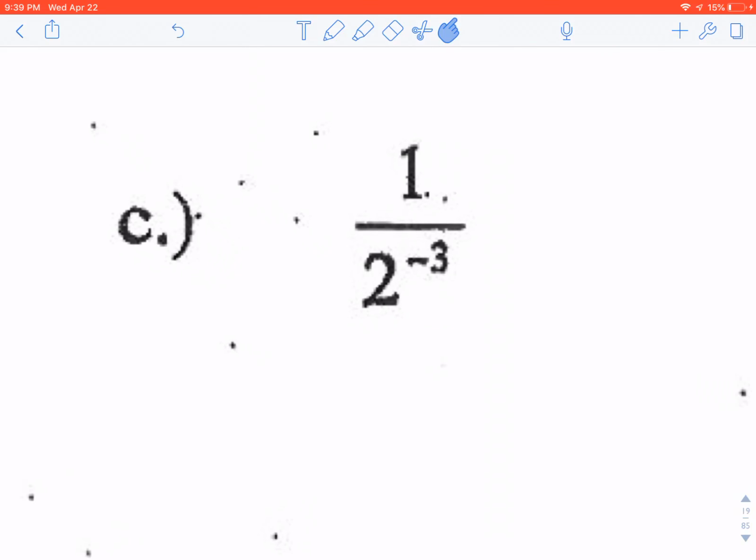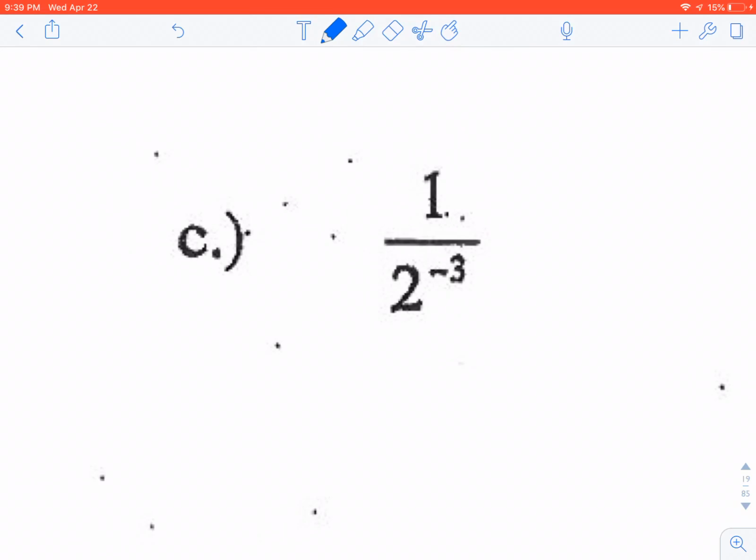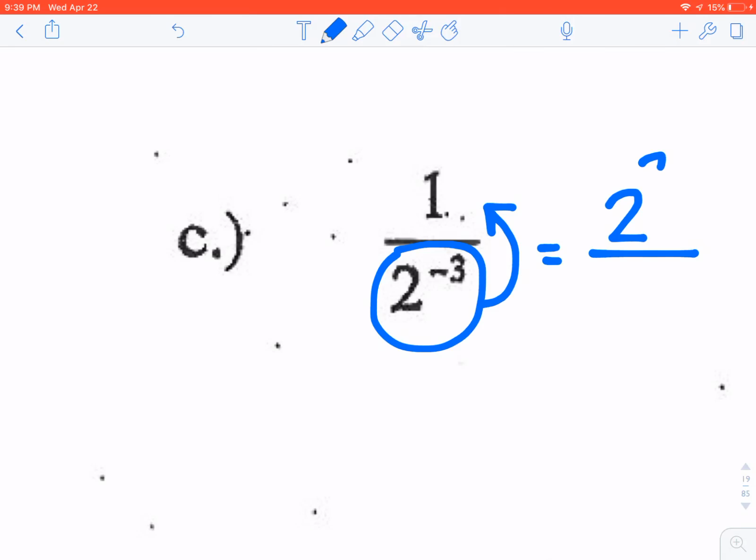All right, letter C, we have 1 over 2 to the negative third. Again, we don't want the negative there, so you're going to circle the base with the negative exponent and move it to the opposite side of the fraction. I'm still going to make our fraction bar. It's going up top this time. So it becomes 2 to the positive third.